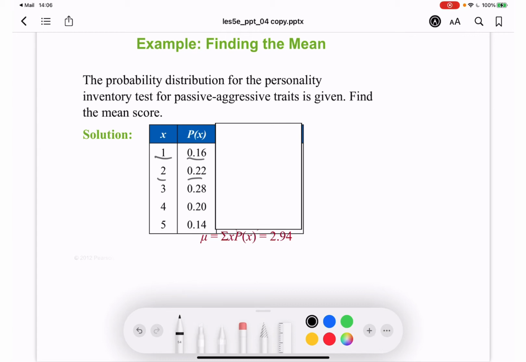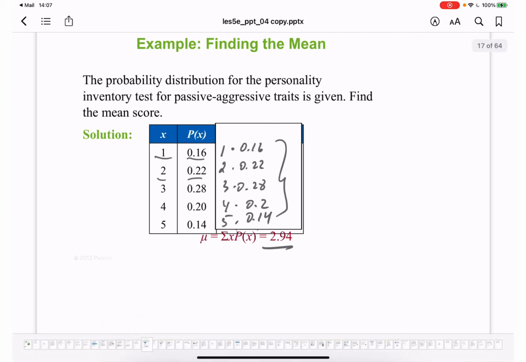So what we're going to do is take 1 times 0.16, 2 times 0.22, 3 times 0.28, 4 times 0.20, 5 times 0.14, and then if you sum them, you should get 2.94, and that will be the average for the discrete distribution. Okay?